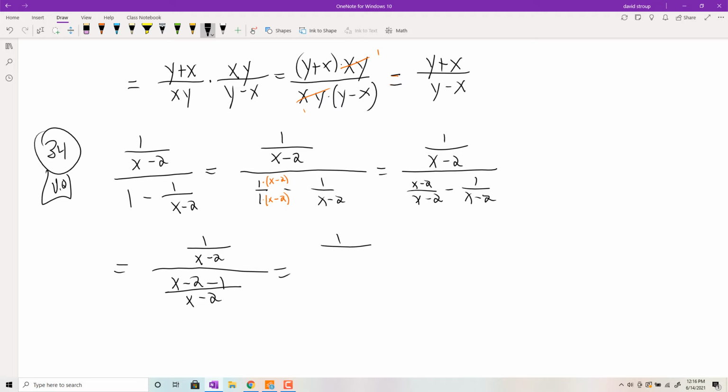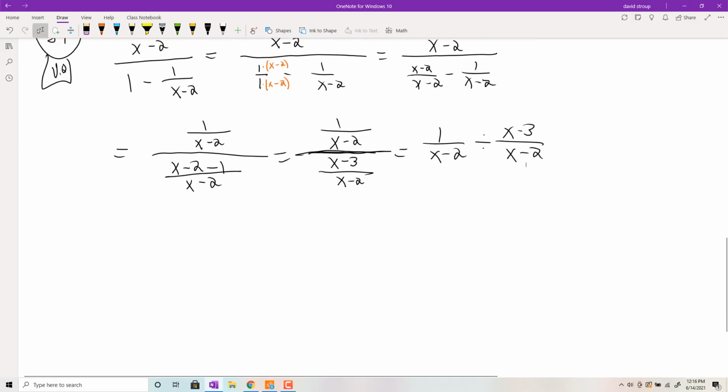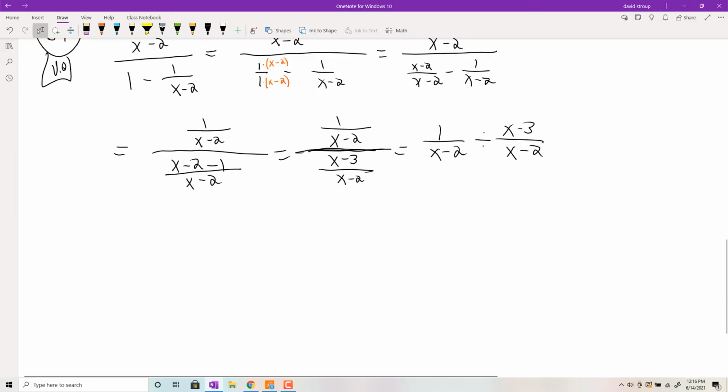So I have 1 all over x minus 2, all over x minus 2 minus 1, which is x minus 3, over x minus 2. And then I'm going to rewrite this whole thing as division with the division symbol, right? So it's 1 all over x minus 2 divided by x minus 3 over x minus 2. And then I'm going to rewrite it as multiplication. Okay, so 1 over x minus 2 times x minus 2 all over x minus 3.